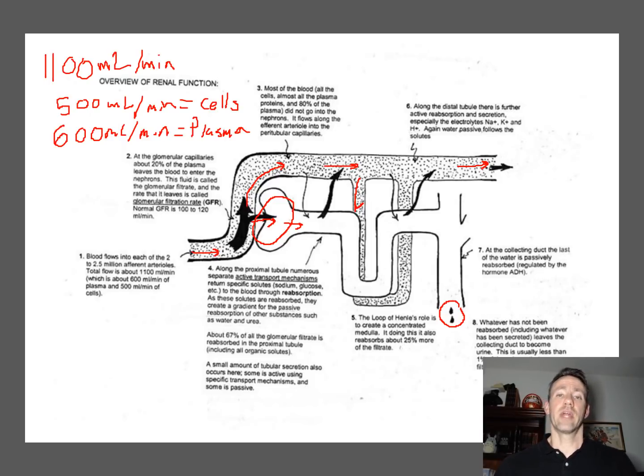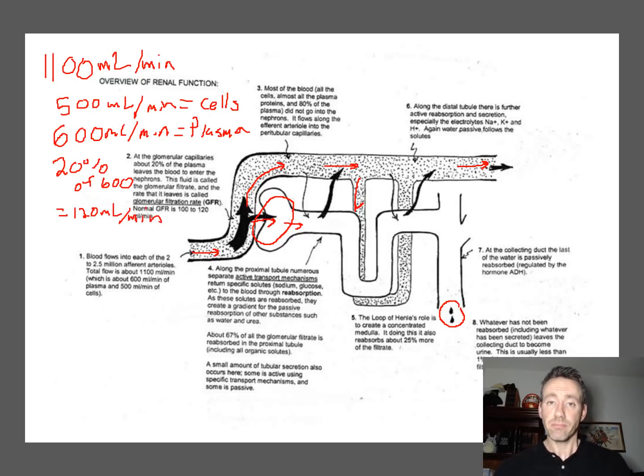Okay, the reality is, of that 600 mils per minute that can be filtered, only 20% of the 600 can be filtered. And that comes out to, in this case, 120 mils per minute.